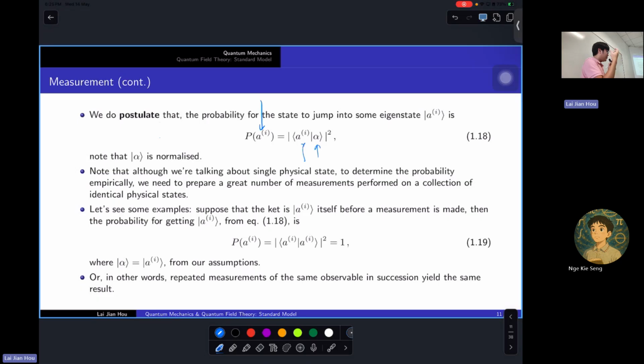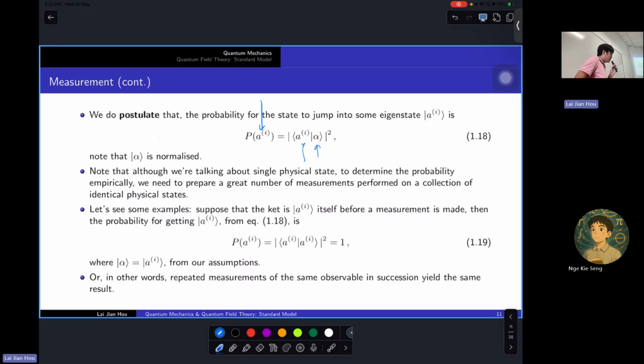We want to normalize the physical state because, as we will see later, if it is not normalized, the total probability of getting each one of the eigenstates will not equal 1.